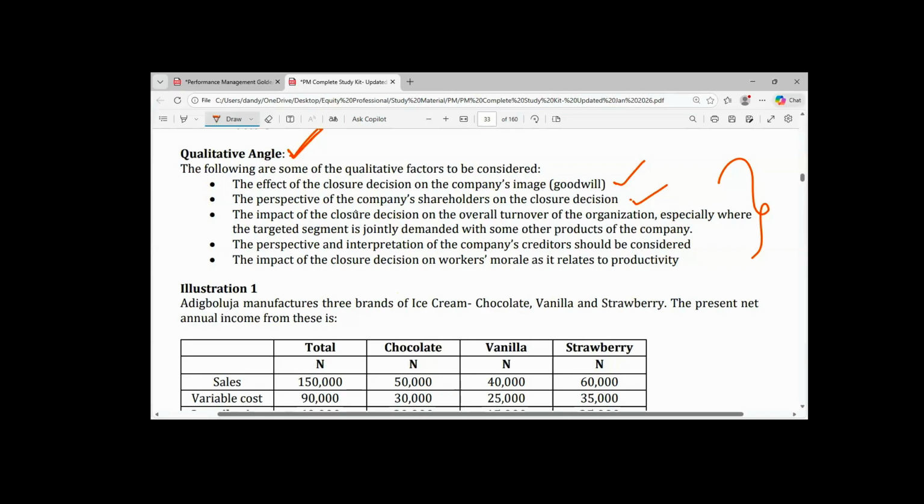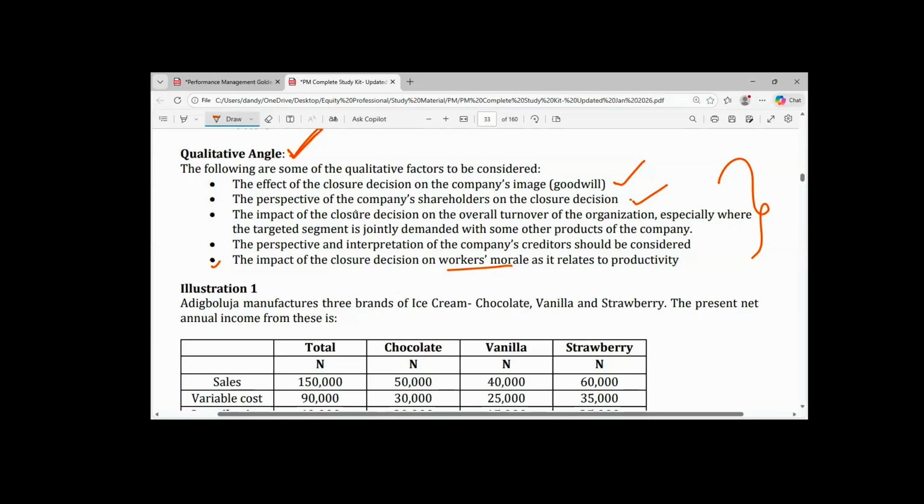Then number five, you also need to consider the impact of the closure decision on workers' morale, especially as it relates to productivity. What do I mean by workers' morale? When you delete a particular segment, remember, all these segments within the organization are being operated by workers.